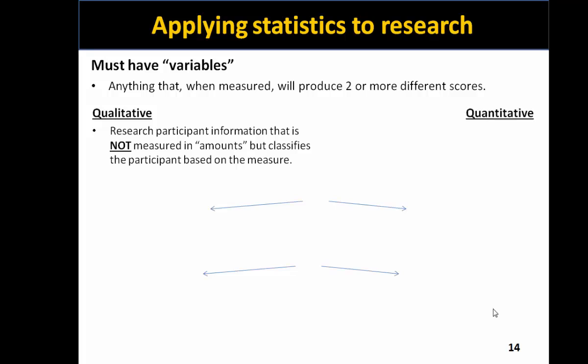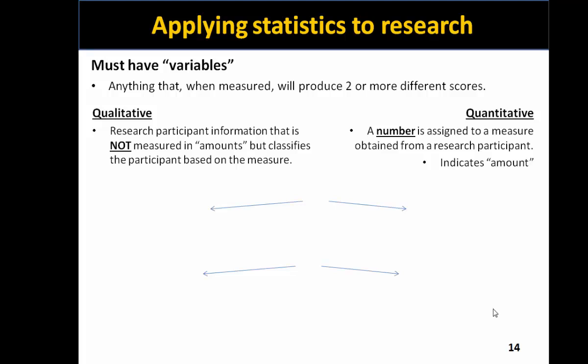In this course, our focus will be on the quantitative aspect, where we actually use a number to represent the information obtained from a research participant, indicating the amount or magnitude of the observation. An example here might be standing height.